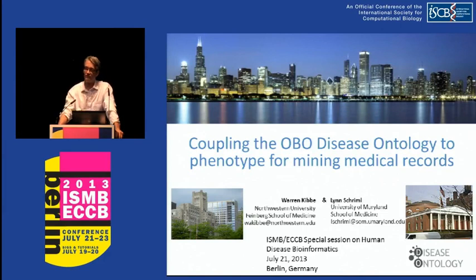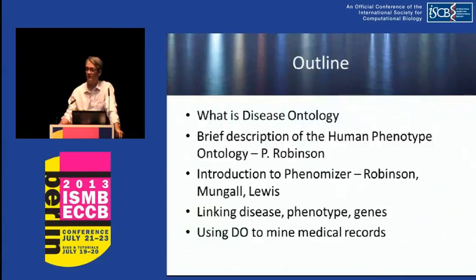There have been a lot of folks in the community looking at coupling disease ontology with human phenotype ontology and what we can do for mining with that information. And I'll talk briefly about something that my group in particular has been doing using disease ontology to mine medical records. And hopefully that will make good sense for all of you.